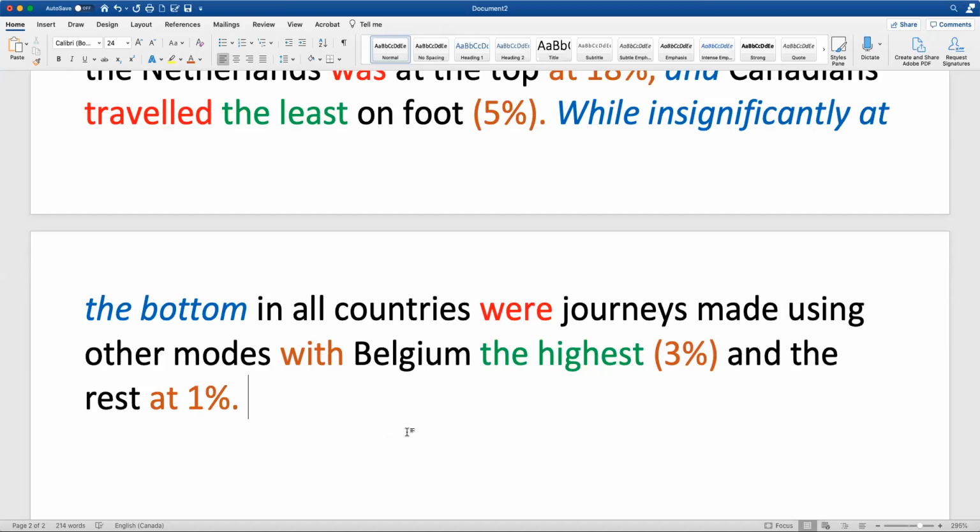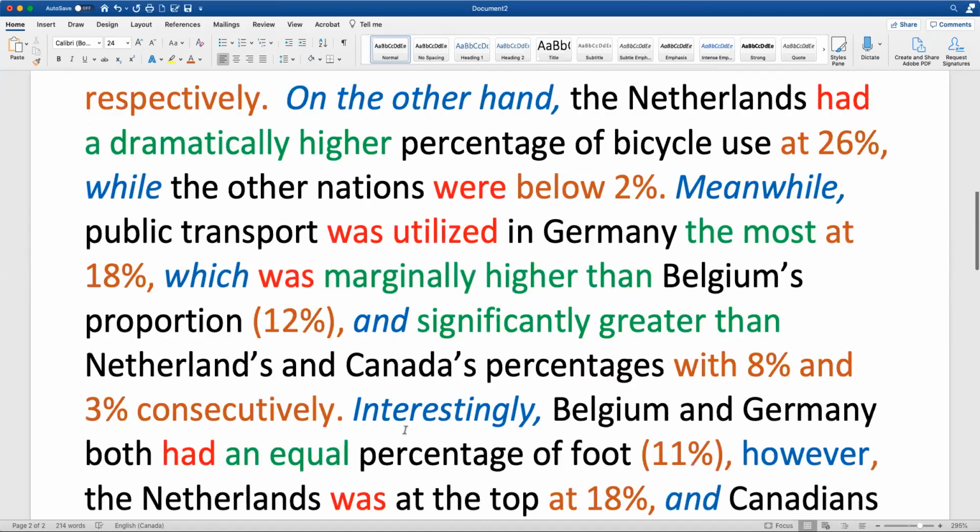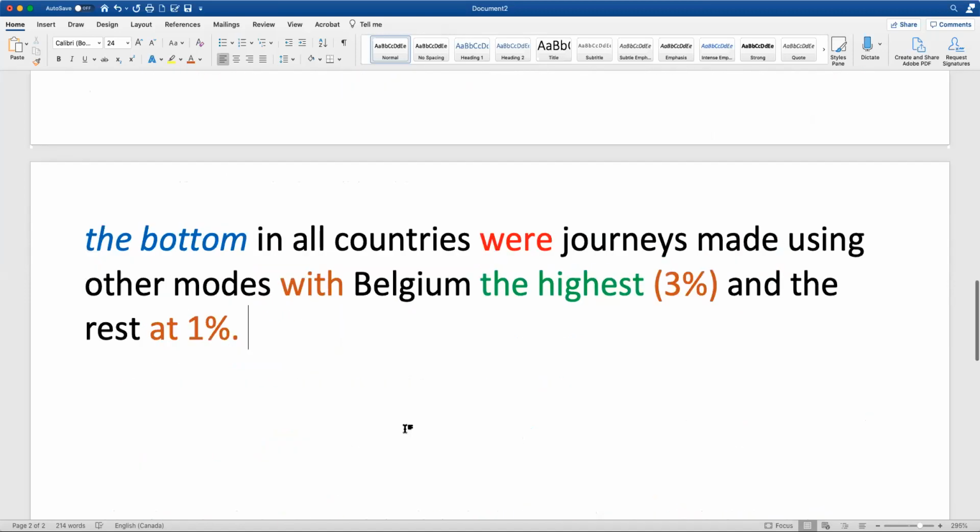That table had lots of information, but it's good practice. We don't really need to mention all the information. Let's just sum up.